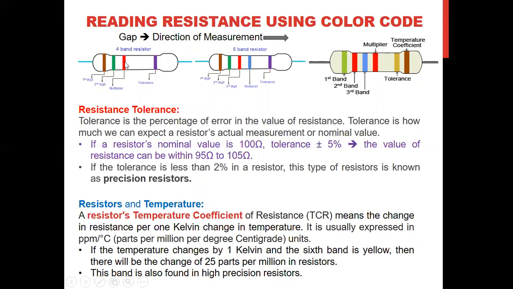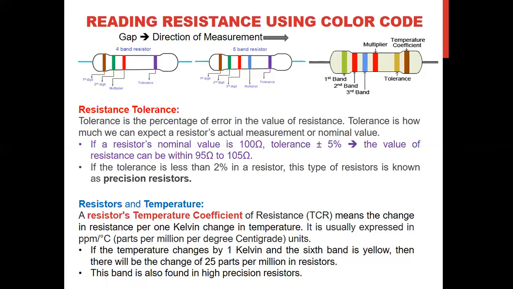These 2 values, this is the multiplier, and together they give the value. Then there is a gap, so we read this first and follow the gap to get the tolerance, or the temperature coefficient for the 6-band. They are close together or equally placed, then there is a gap. This is the direction of measurement to read the value of the resistance.